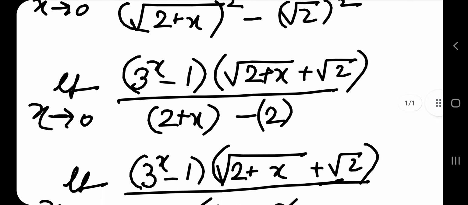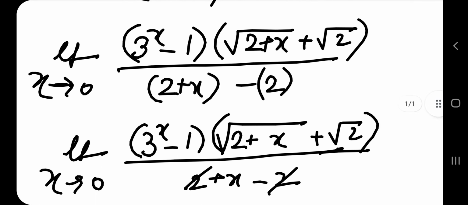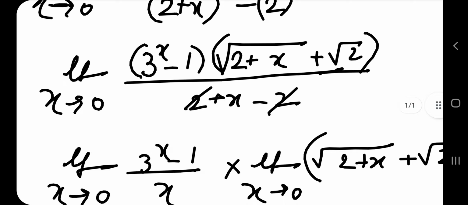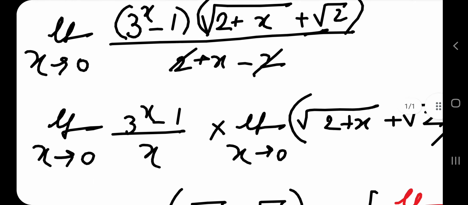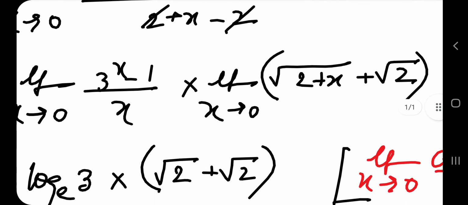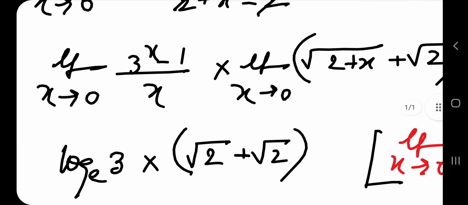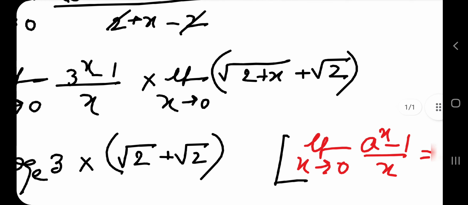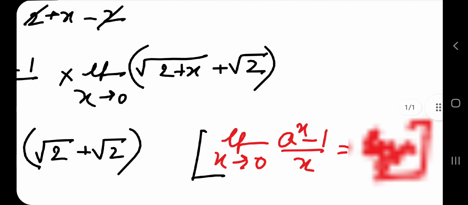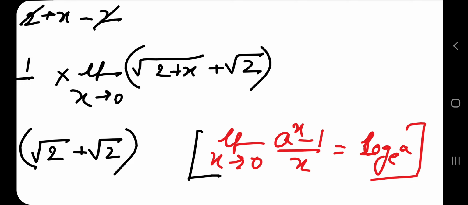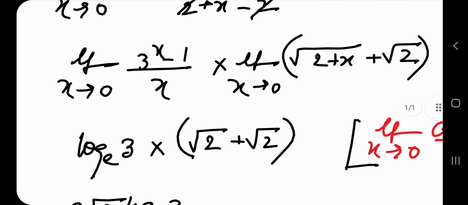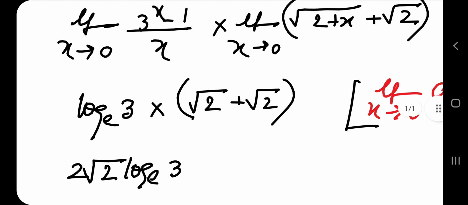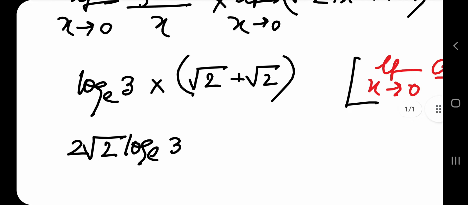So the 2 gets cancelled, it becomes x, and this x will be easily available for 3^x minus 1. So separate it out with a limit, and after that, using the formula, we can easily write log e 3. And if you put the limit x tends to 0 in the second part, you will get root 2 plus root 2, that is 2 root 2. So the answer is 2 root 2 log 3.